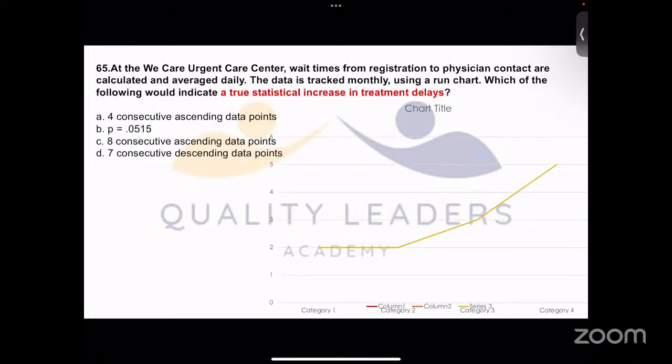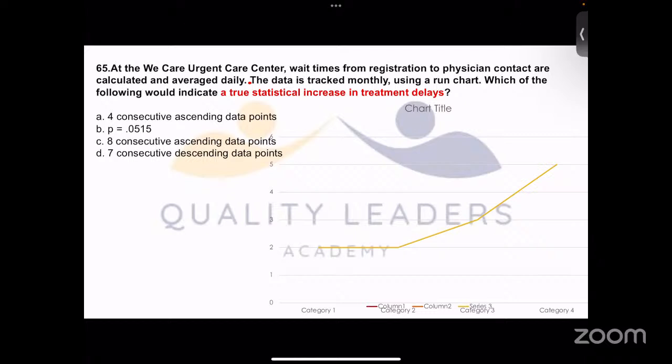Number 65, at the We Care Urgent Care Center, wait times from registration to physician contact are calculated and averaged daily. The data is tracked monthly using a run chart. Which of the following would indicate a true statistical increase in treatment delays? Letter A, four consecutive ascending data points.